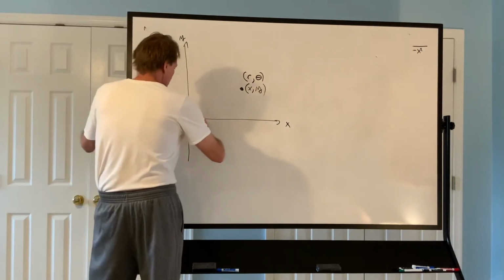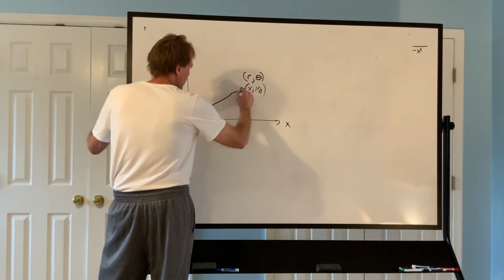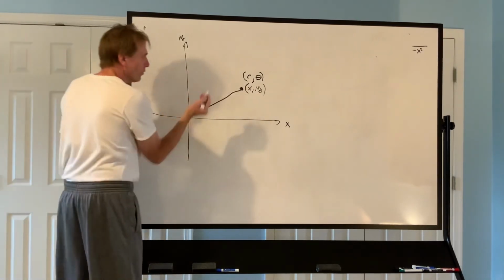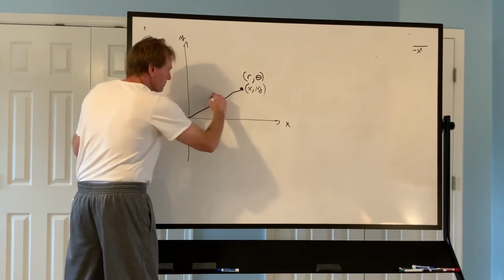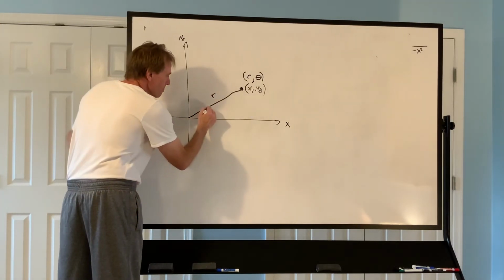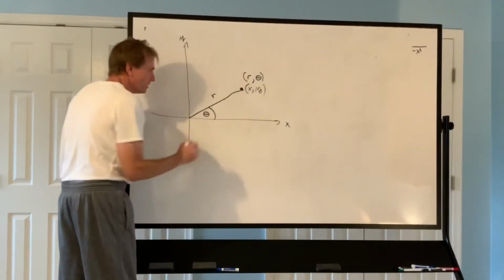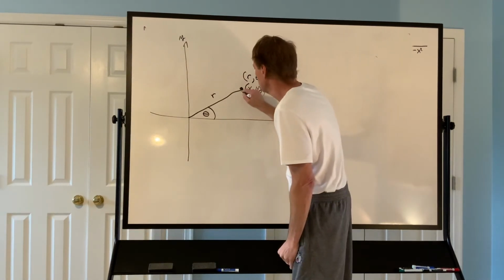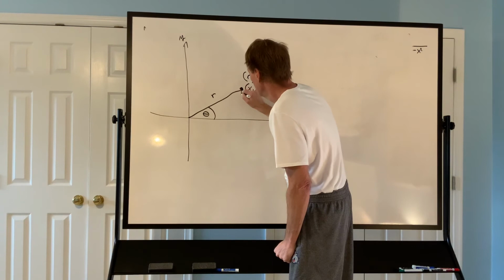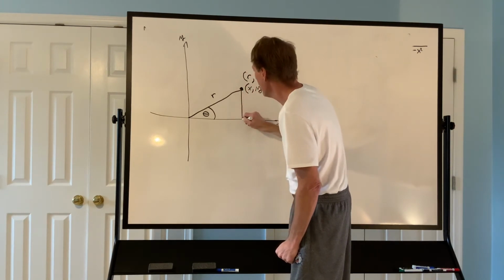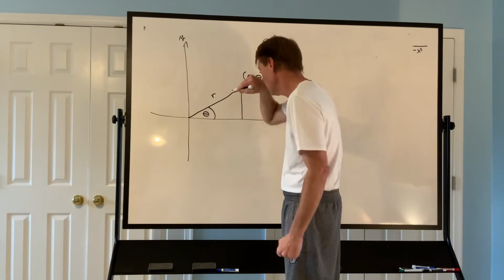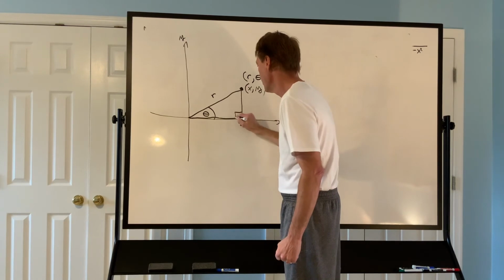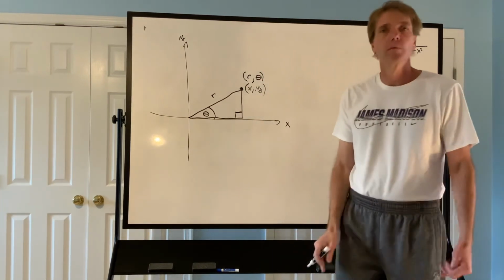Well, let's draw in our polar coordinates. We've got this radius whose length is r, and this angle which is theta, and we've got our Cartesian form where x is a constant and y is a constant, but I'm going to work with this part right here. What we see is this right triangle.